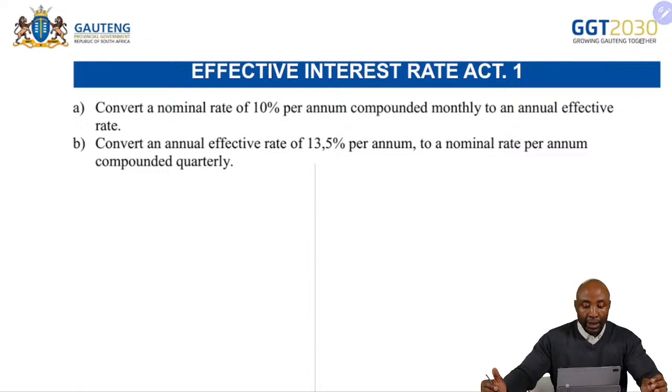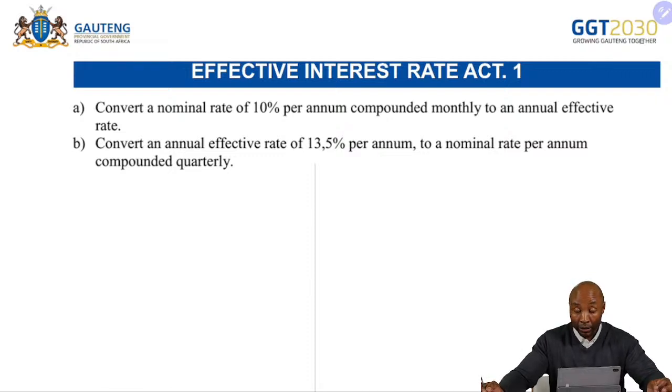Right. I have two of them, A and B, and I will ask you to answer these in 4 minutes. Let's quickly answer. We are converting 10% per annum, which is our nominal interest rate, to an effective interest rate. This is 10% per annum compounded monthly.